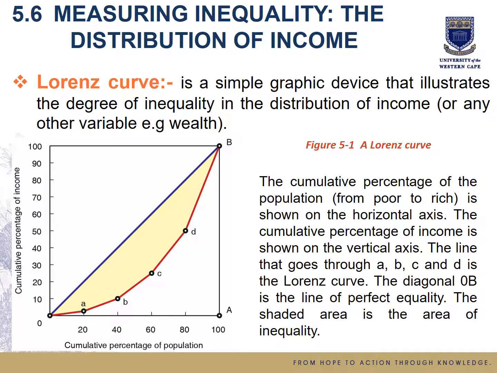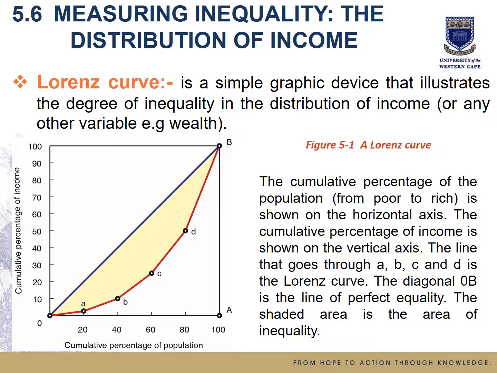The diagonal line indicates a perfectly equal distribution of income, where along the line income is distributed evenly amongst all households in the economy.